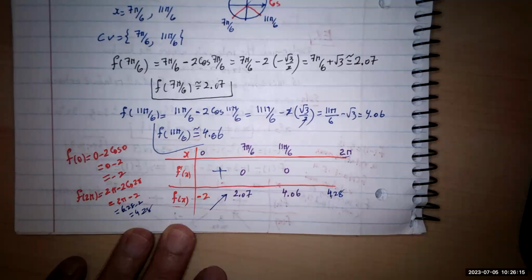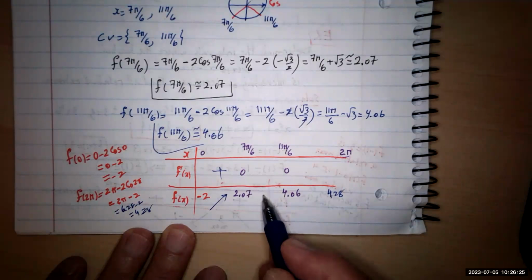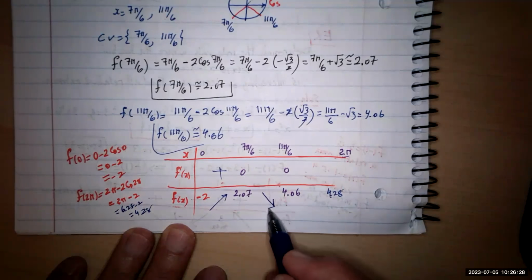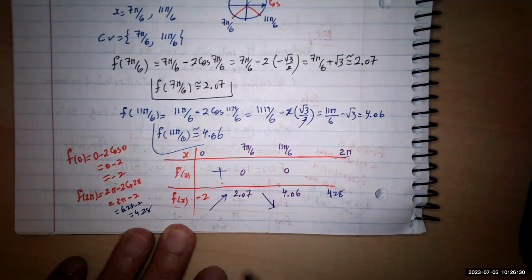There must be something that I missed over here, because at this point this must go down. I have to check this one. This must go down, and then I should get up here. So what would happen to this one? Did we miss anything over here?